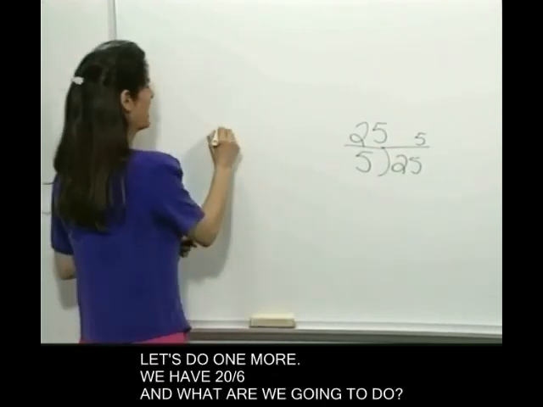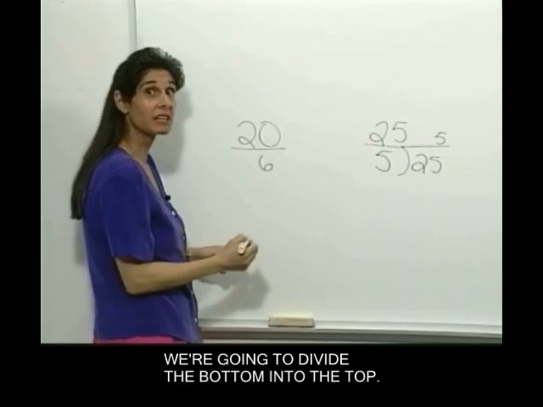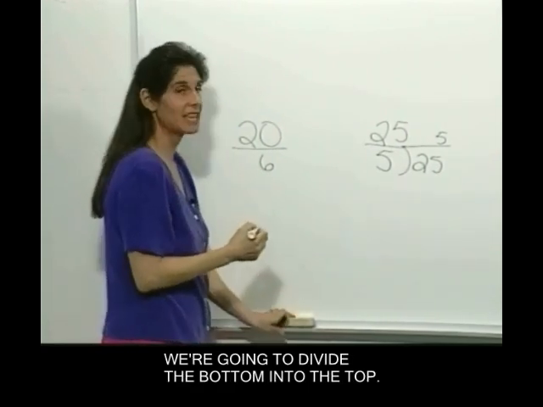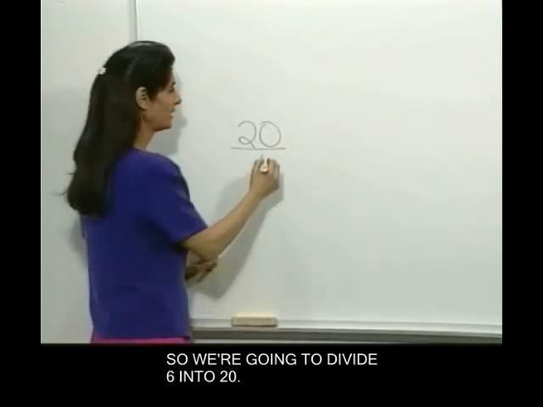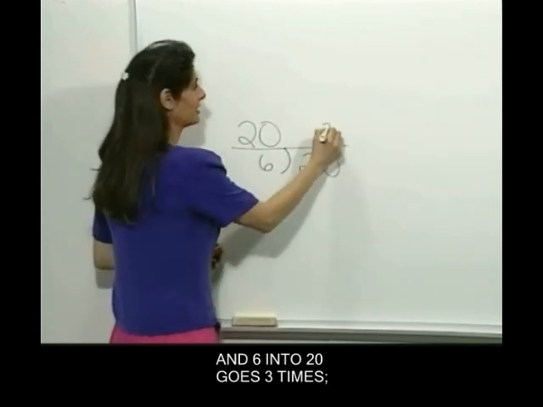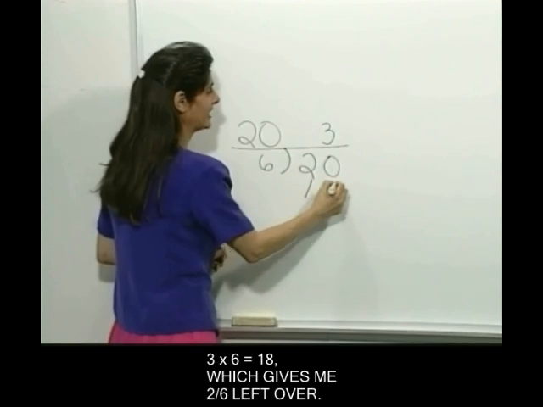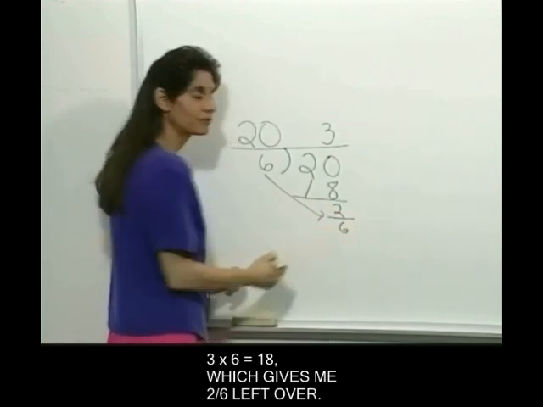Let's do one more. We have 20/6. And what are we going to do? We're going to divide the bottom into the top. So we're going to divide 6 into 20. And 6 into 20 goes 3 times. 3 times 6 is 18, which gives me 2/6 left over.